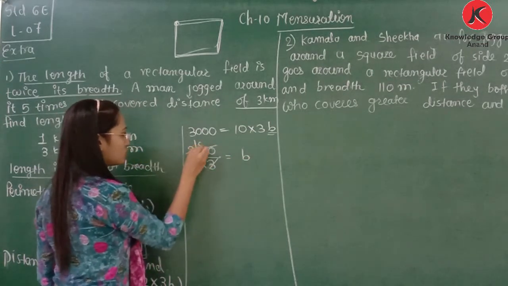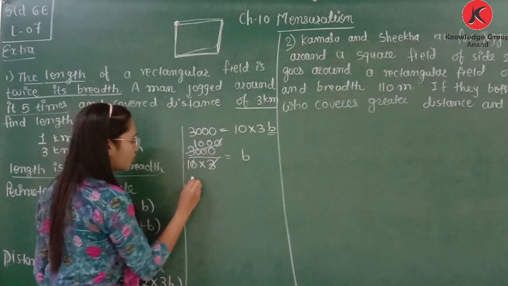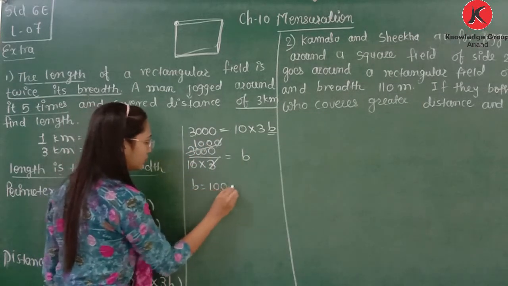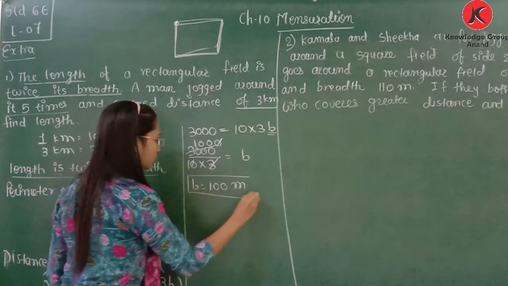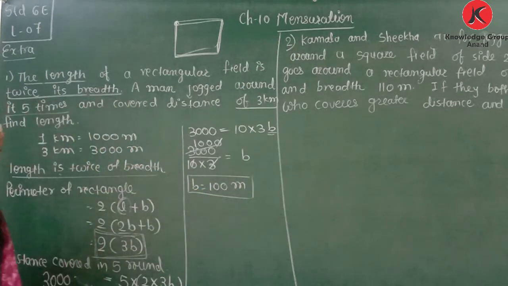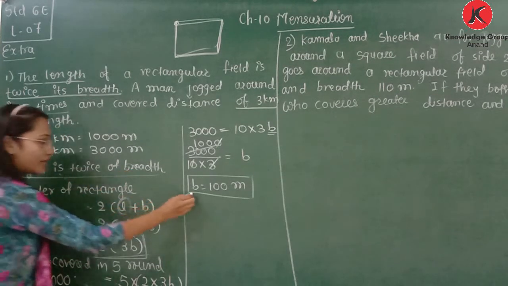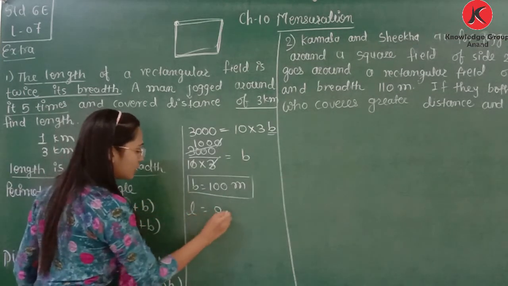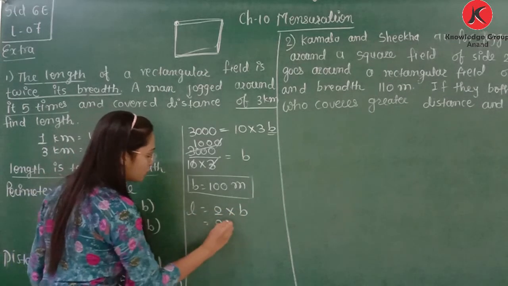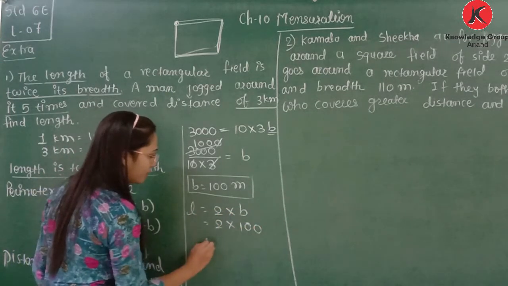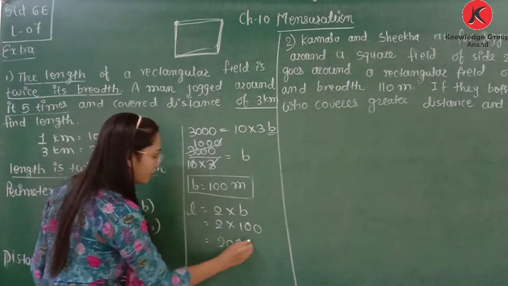So b is 3000 divided by 30, which gives b equal to 100 meters. The breadth is 100 meters. What do we need to find? The length. The length is twice the breadth, so it is 2 multiplied by 100, which is 200 meters.